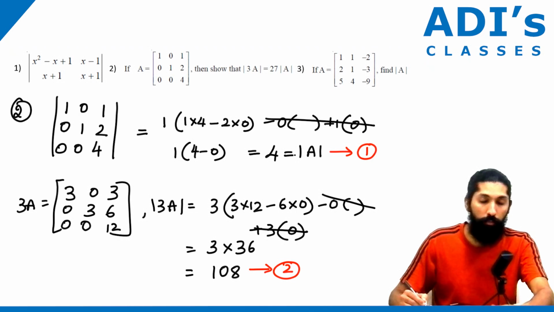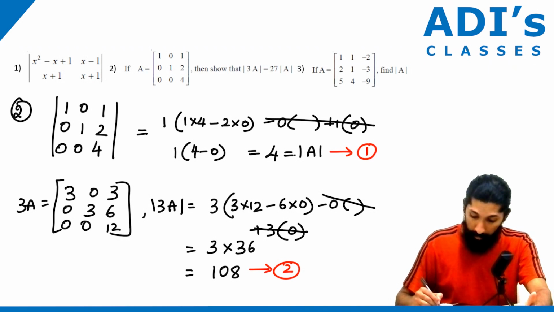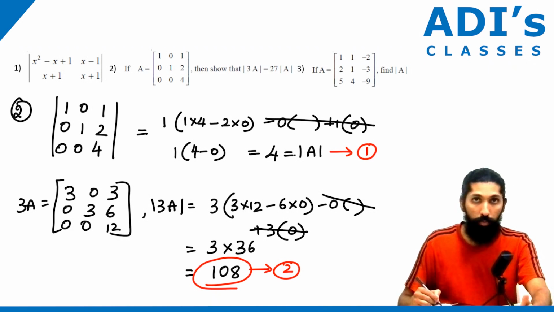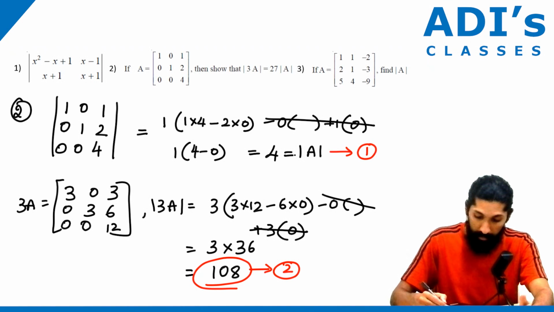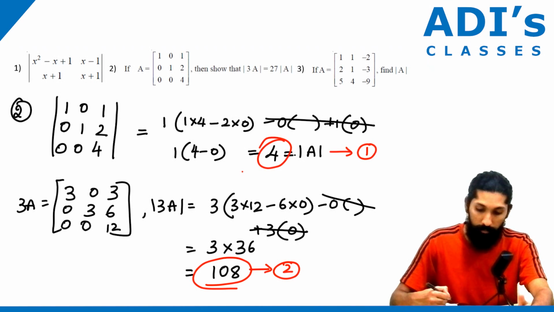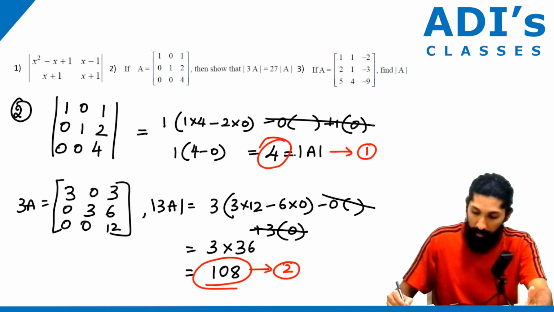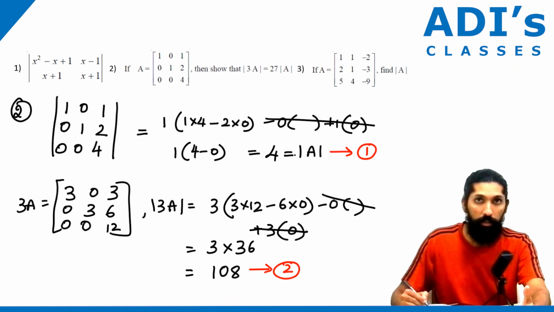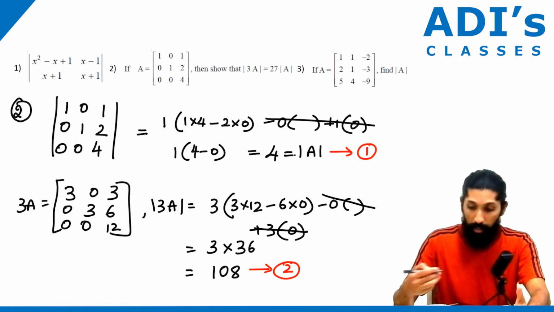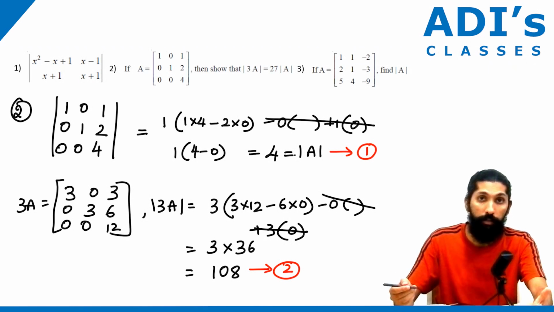Now what you have to prove is that this value, equation 2, is 27 times equation 1. That is what they're asking you to prove. So much easier, right? Because you already know it's the correct answer. 27 into 4 is what? 27 into 4 is 108. And the second equation is also 108.